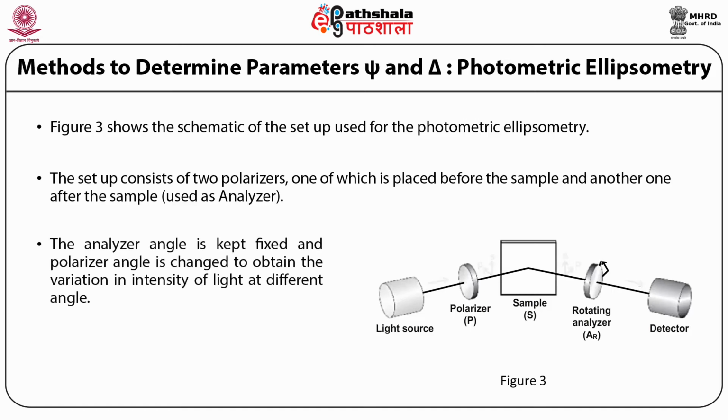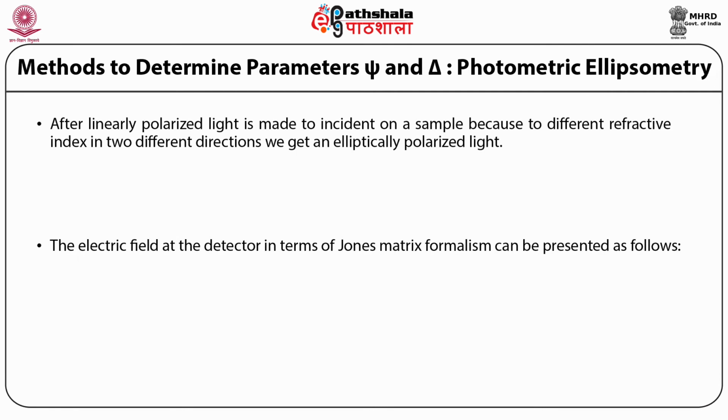The analyzer angle is kept fixed and polarizer angle is changed to obtain the variation in intensity of light at different angles. After linearly polarized light is made to incident on a sample, because of the difference in refractive index in two different directions, we get an elliptically polarized light.